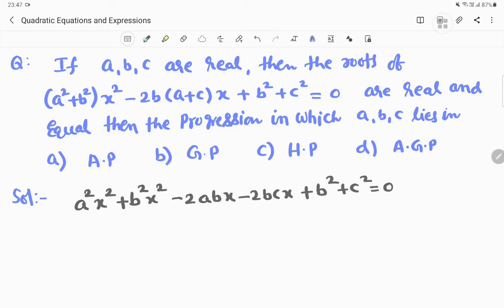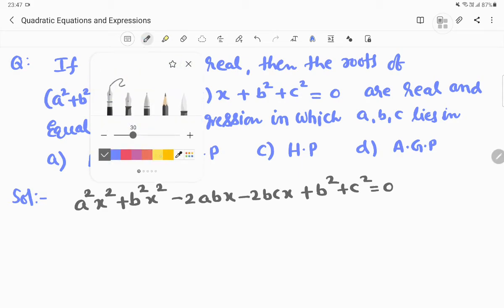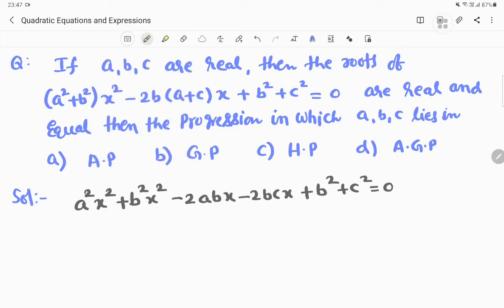If you observe carefully, I'll make a mark: a²x² − 2abx + b², and b²x² − 2bcx + c².